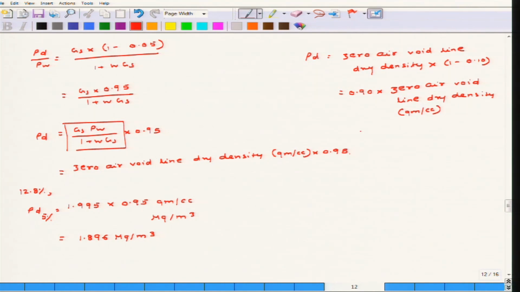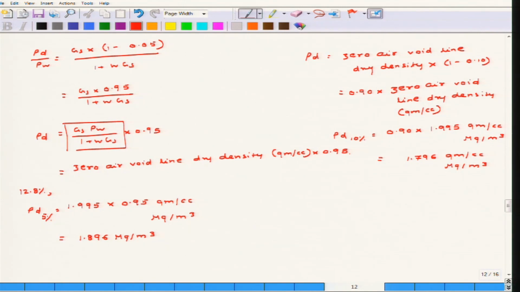So for the same 12.8%, rho D for 10% air voids will be equivalent to 0.90 into 1.995 gram per cc or megagram per meter cube, which is equivalent to 1.796 gram per cc or megagram per meter cube.